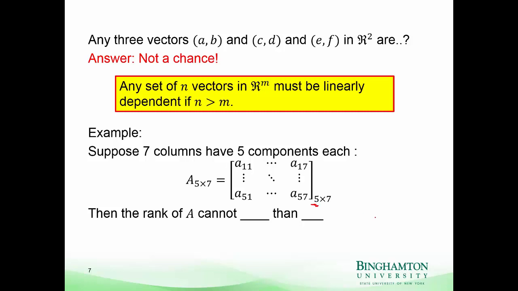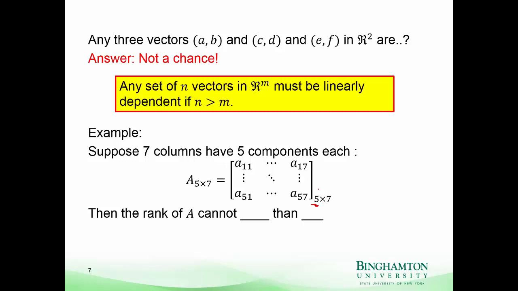The largest that the rank can be is 5 because we are in R5. So the rank is the number of linearly independent columns, and we've got 7 columns.